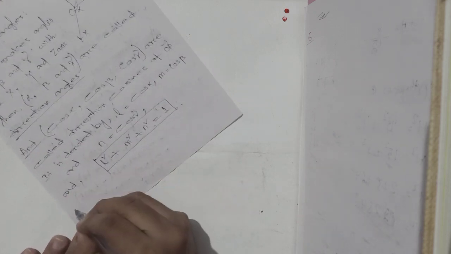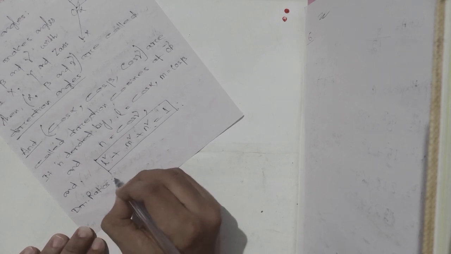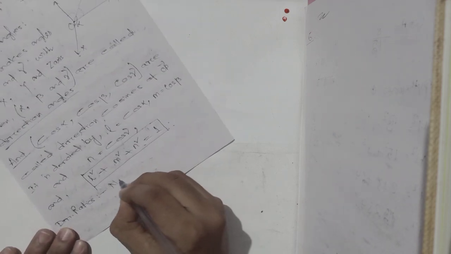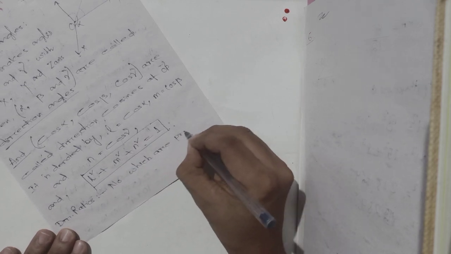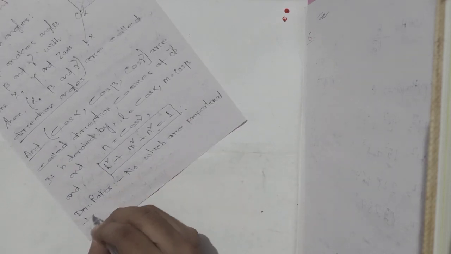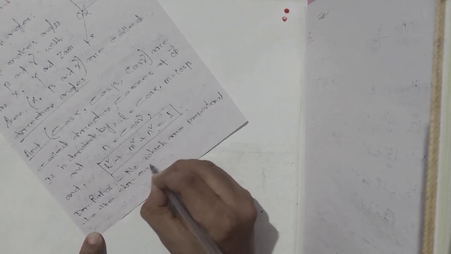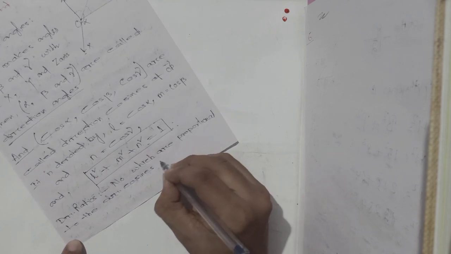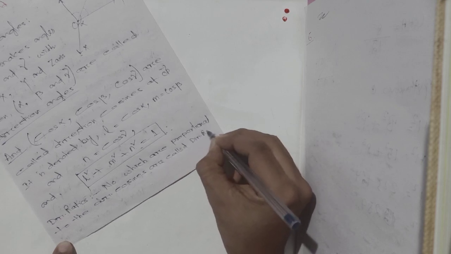Now, what are direction ratios of a line? Numbers which are proportional to the direction cosines are called direction ratios.